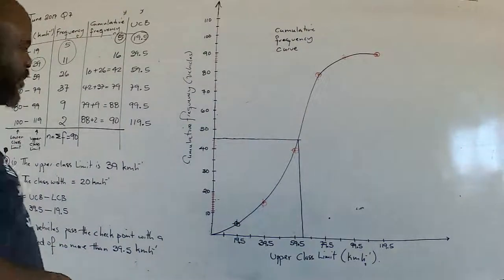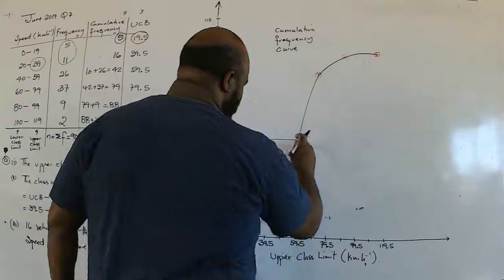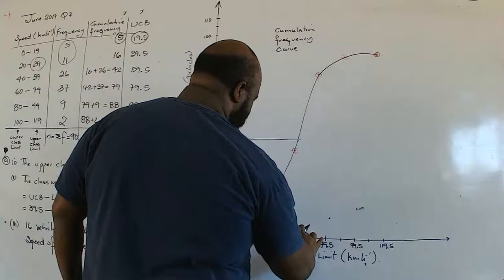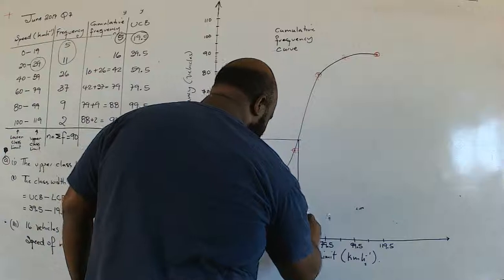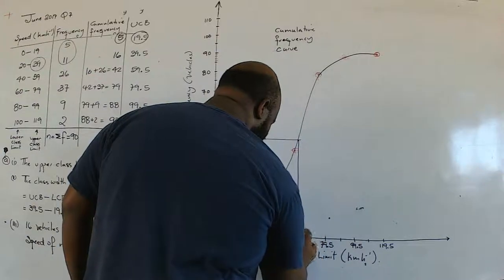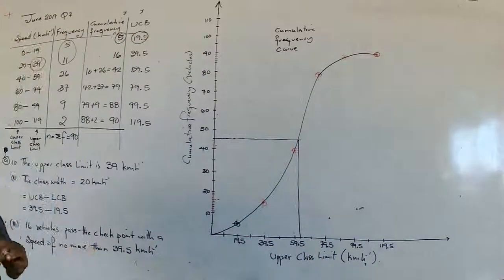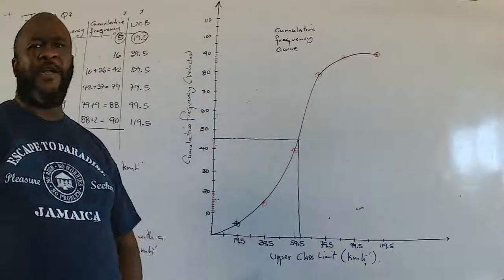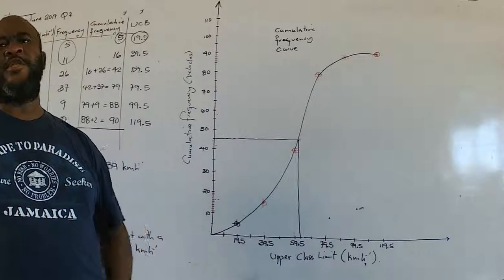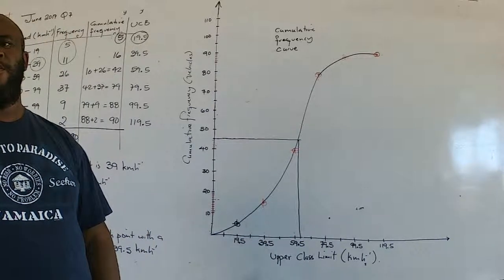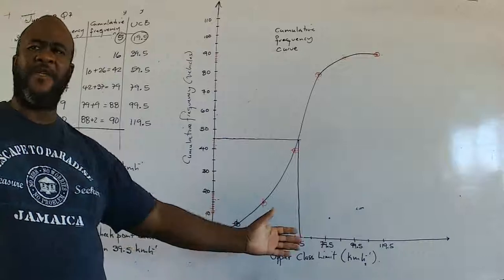Alright, let's finish the question. Listen, did you get a value? We already established that each of the minor divisions down here is how much?